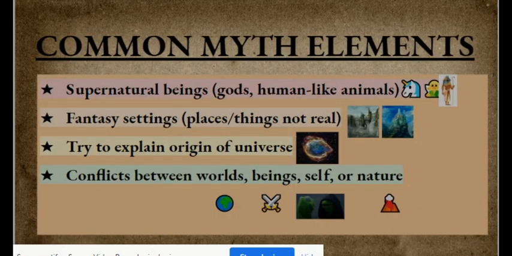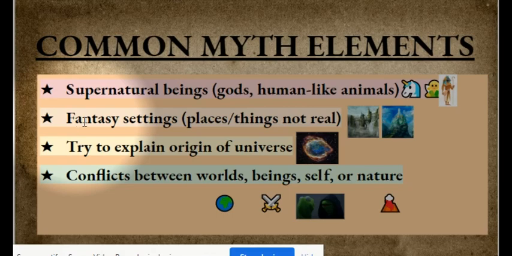Some common mythical elements, and these are important, okay? So most to all myths have these things, okay? Supernatural beings is the first one. So gods or human-like animals. You might have unicorns, you might have fairies, you might see gods, minotaurs. It depends on the culture.